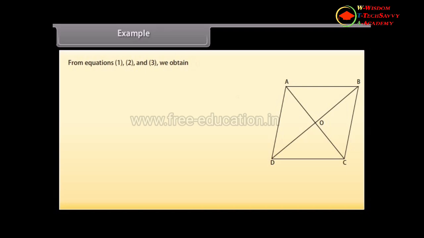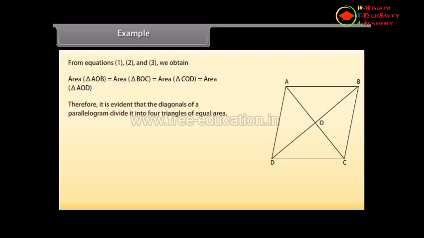From equations 1, 2 and 3, we obtain area of triangle AOB is equal to area of triangle BOC, which equals area of triangle COD, which is equal to area of triangle AOD. Therefore, it is evident that the diagonals of a parallelogram divide it into 4 triangles of equal area.